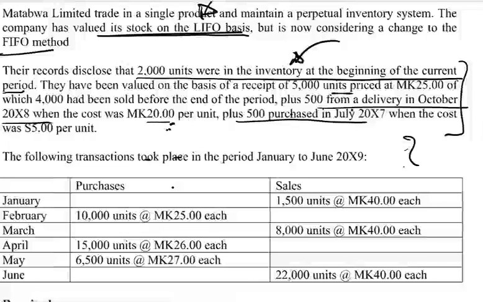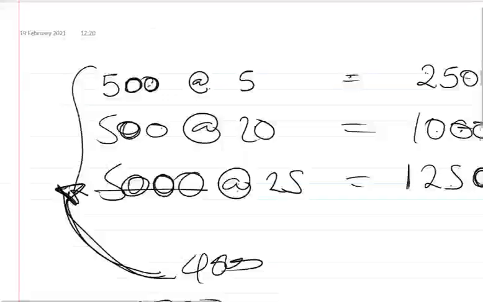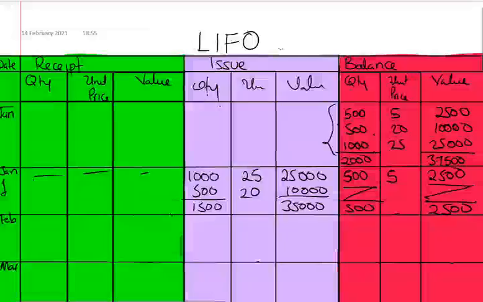In February, they actually purchased 10,000 units more at 25. So they purchased 10,000 units at 25, making 250,000.